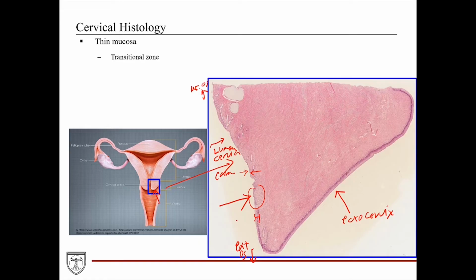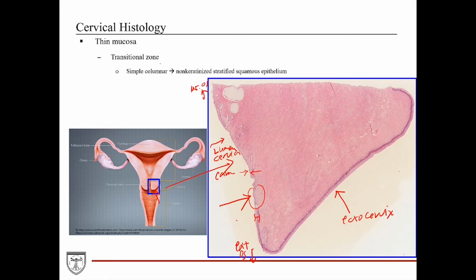I might even guess non-keratinized, stratified, squamous epithelial lining based on the location and function of the cervix, as well as the histological characteristics here. This area of abrupt tissue transition is called the transitional zone. And again, this is where the simple columnar epithelium of the cervical lining changes to the non-keratinized, stratified, squamous epithelium.